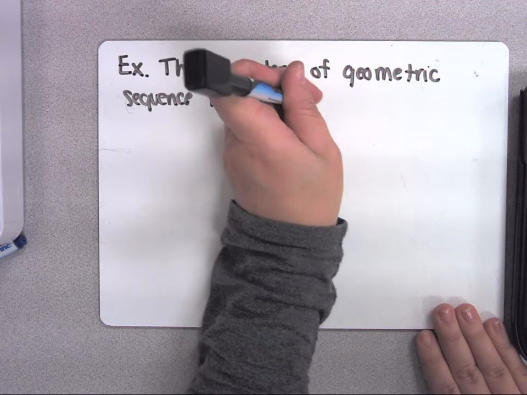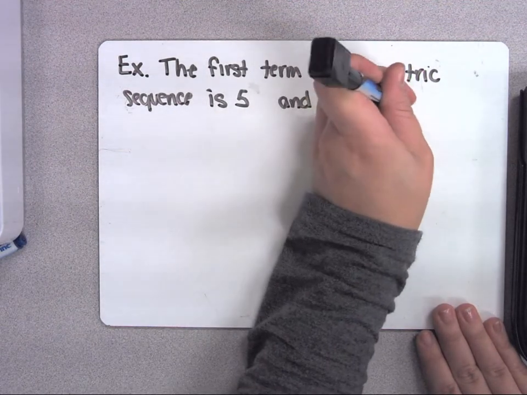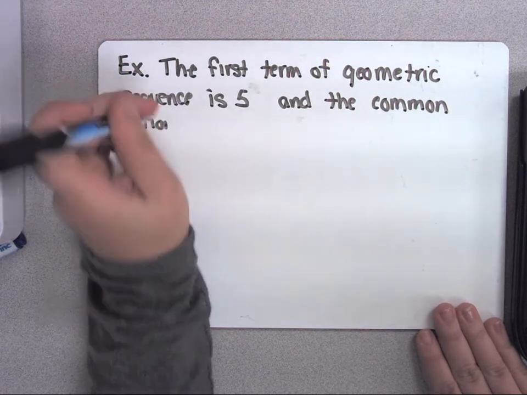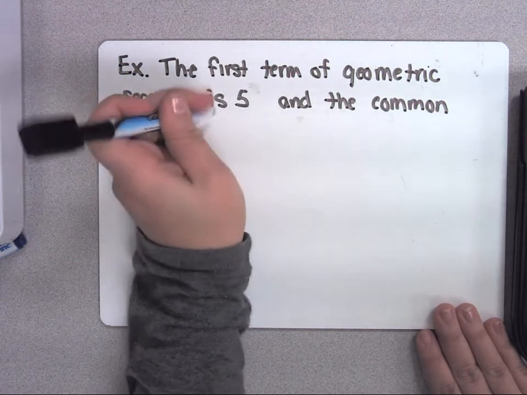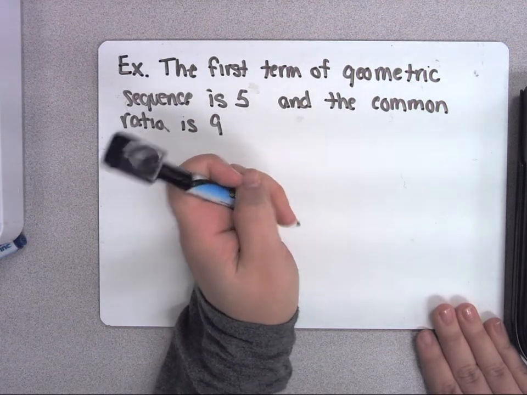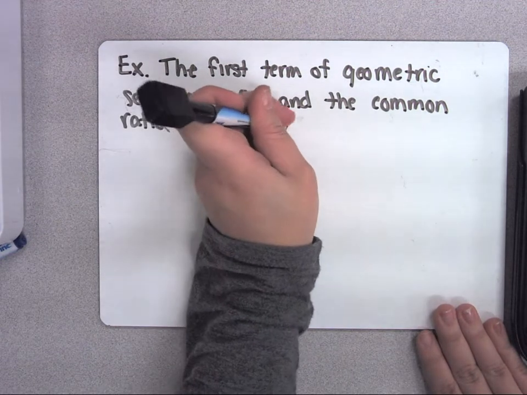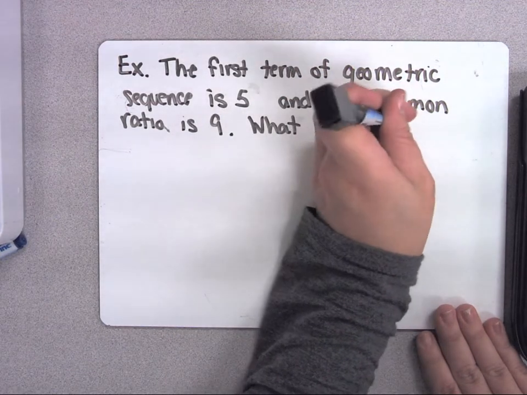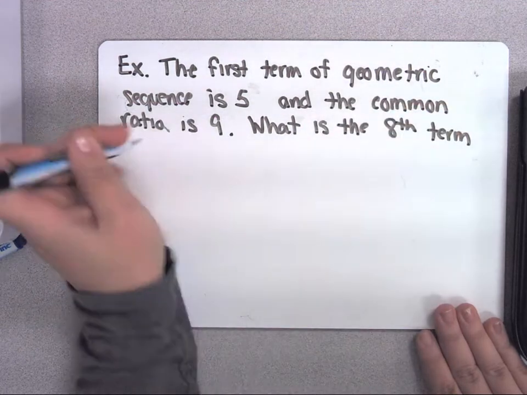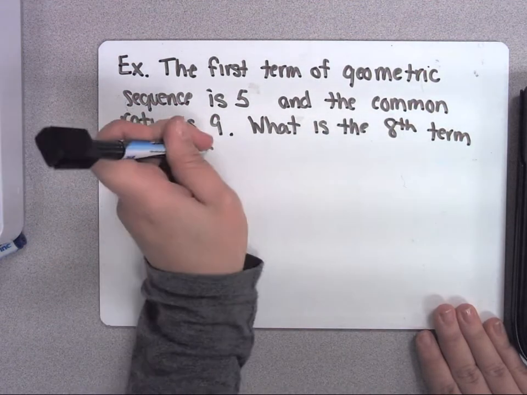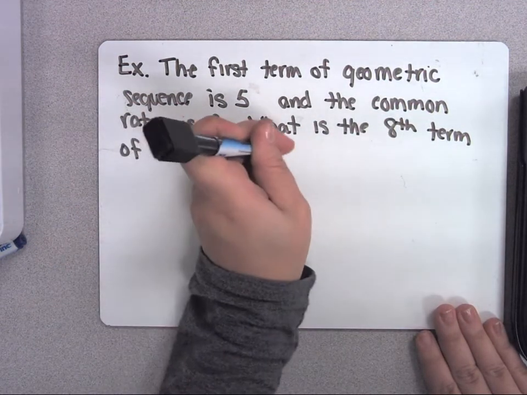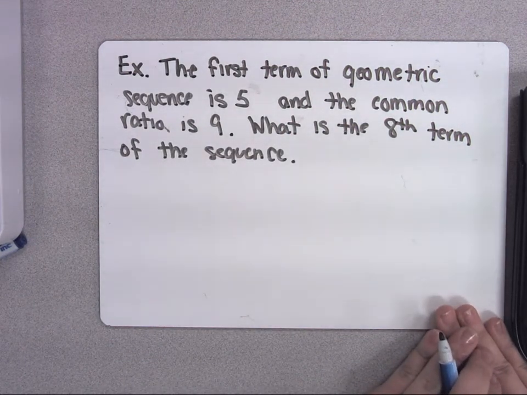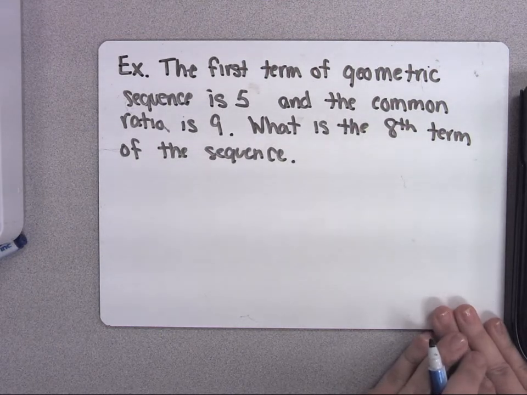And the common ratio is 9. What is the 8th term of the sequence? So it looks like a word problem, right? But it just gives you all the information you need. By the way, this can't be a pretty number because I picked 5 and 9.